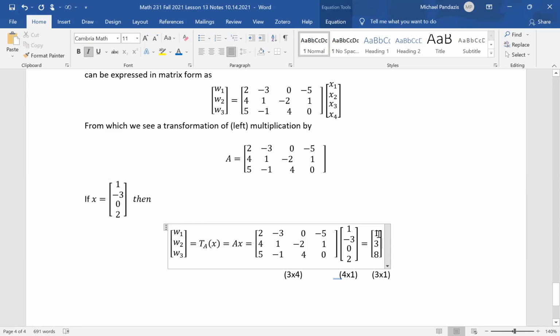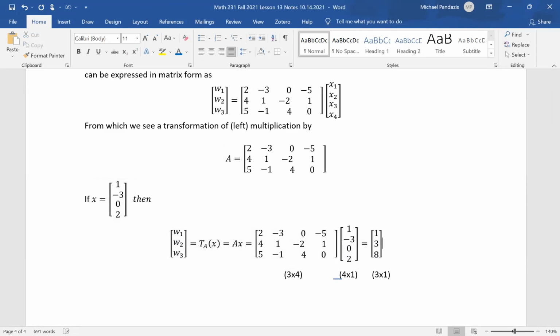So that means that W1 has to equal 1, W2 has to equal 3, and W3 has to equal 8. So what we did there was find the output of this matrix transformation when our input is this x.